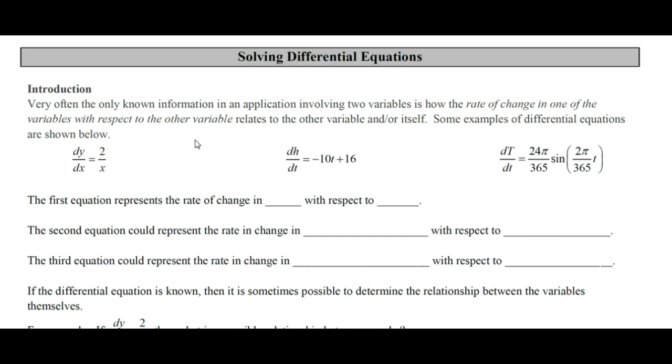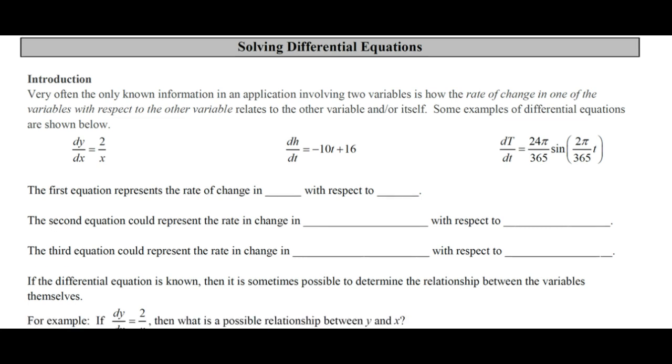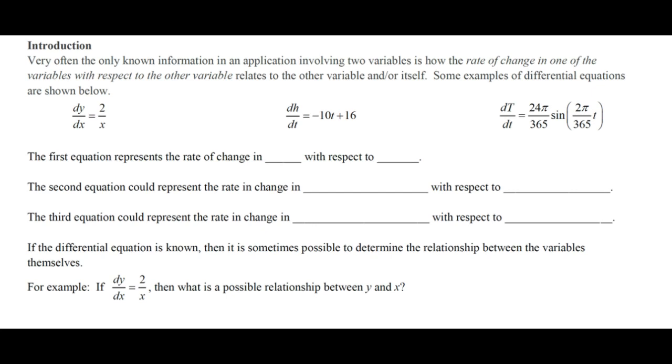So dy/dx is 2 over x, dh/dt is negative 10t plus 16, and dT/dt, capital T, is 24 pi over 365 sine of 2 pi over 365 t. The first one represents the change in what with respect to what? Y with respect to x. The second equation could represent the change in height h with respect to time.